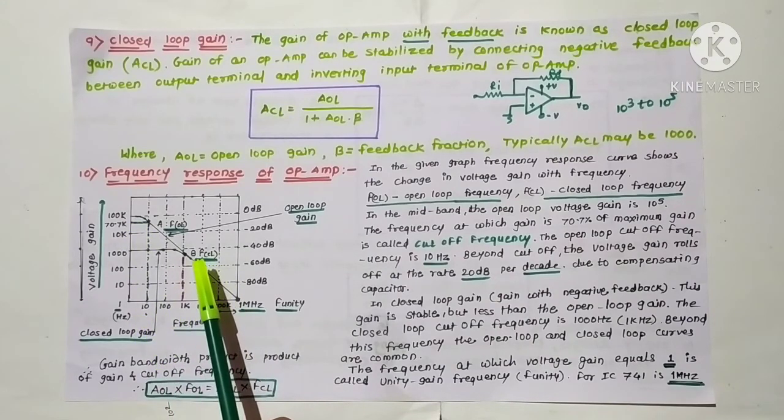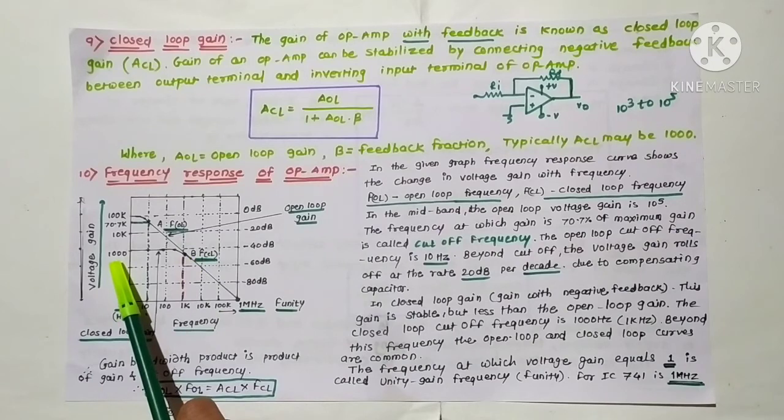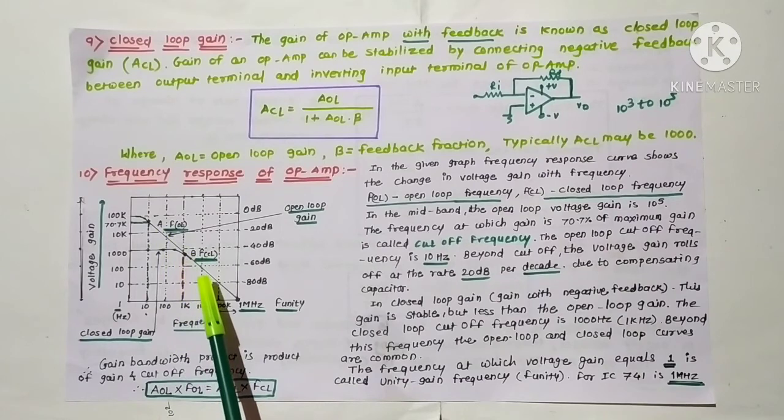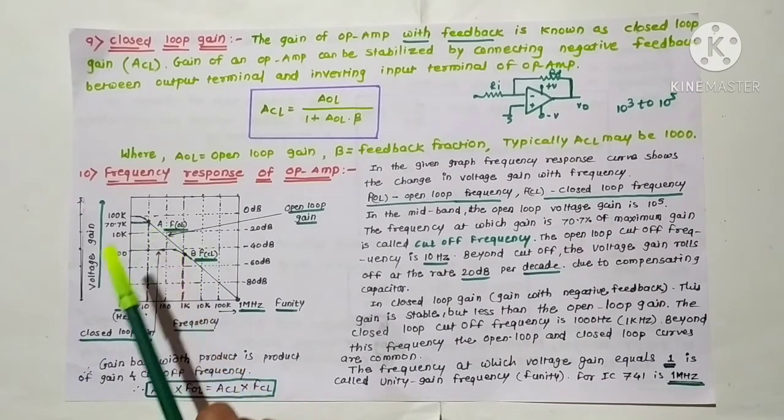But in case of the closed loop, the cutoff frequency is 1 kilohertz. So both the open loop and closed loop curves are common beyond this frequency. You can see here, beyond this frequency, both the curves are common.